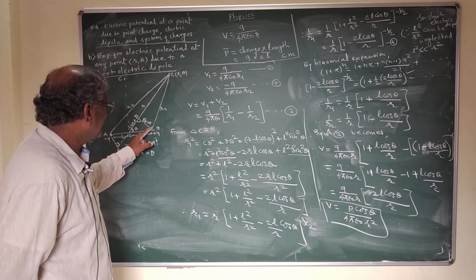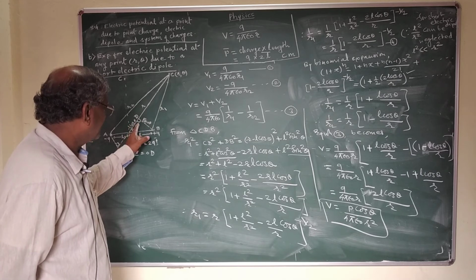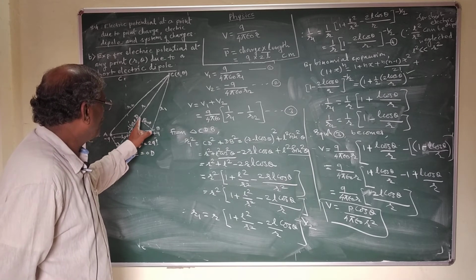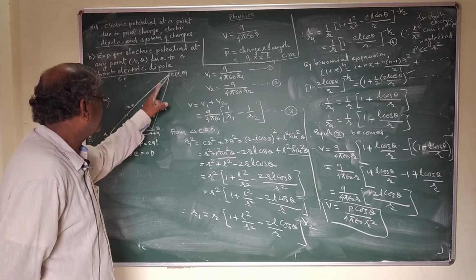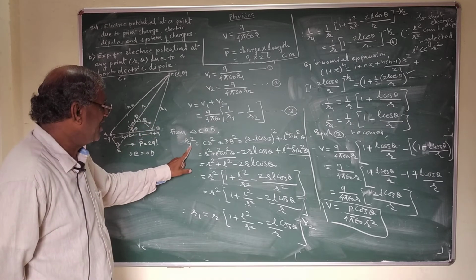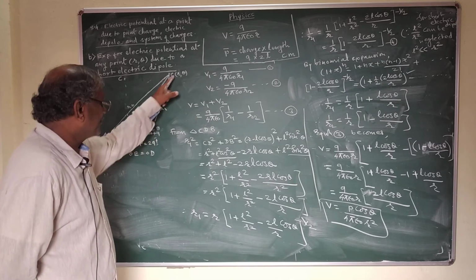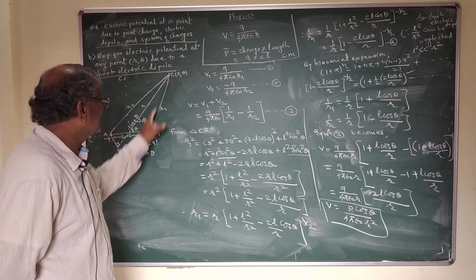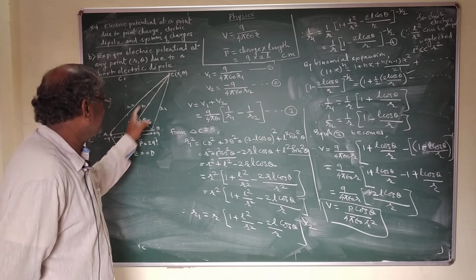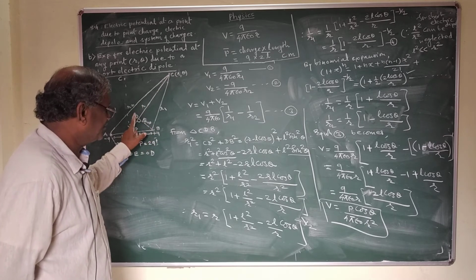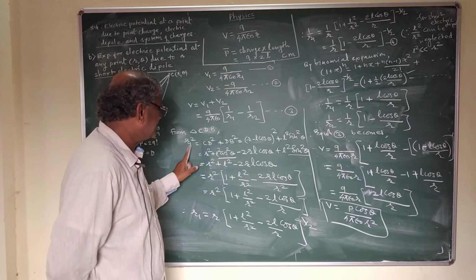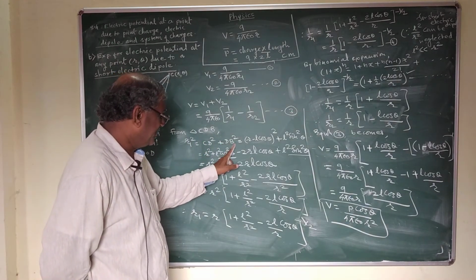Therefore, L sin theta and L cos theta. These are the values. Now, from this triangle CDB, according to Pythagoras theorem, R1 square means CB square is equal to CD square plus BD square. So that we can write R1 square is equal to CD square plus DB square.